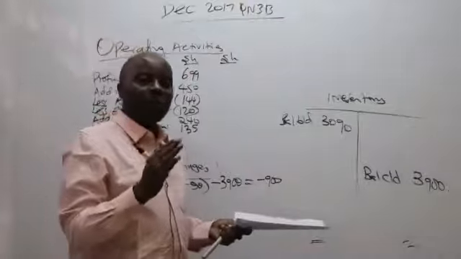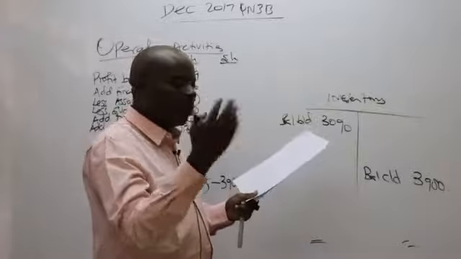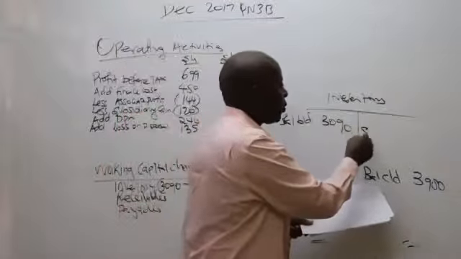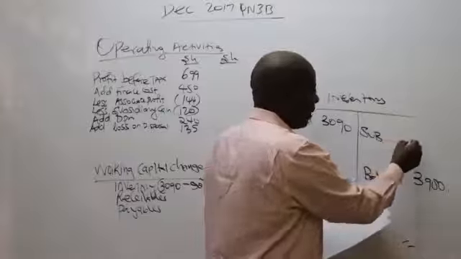And then we had a disposal. We disposed some inventories with our subsidiary. The inventory with the subsidiary that was disposed was how much? You told me it is 90.